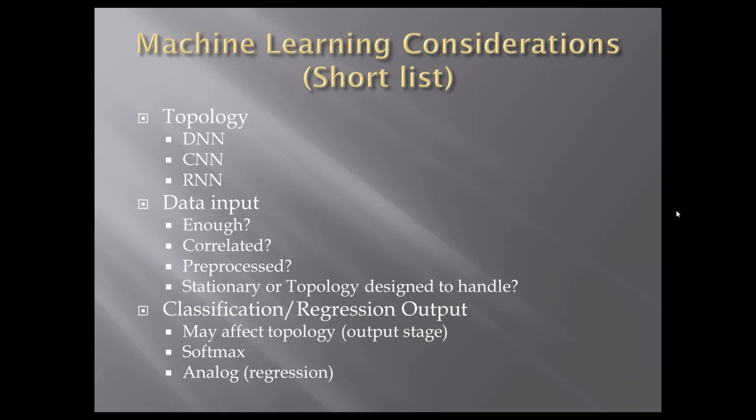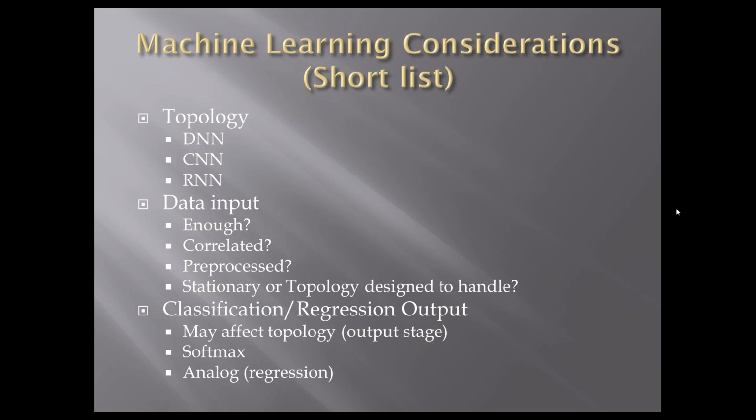Some of the machine learning considerations, this is going to touch on what we've already talked about, but topology is a deep neural network, a convolutional neural network, or a recurrent neural network topology. So the data that you're feeding this thing, do you have enough? Is it correlated? So has it been properly pre-processed?